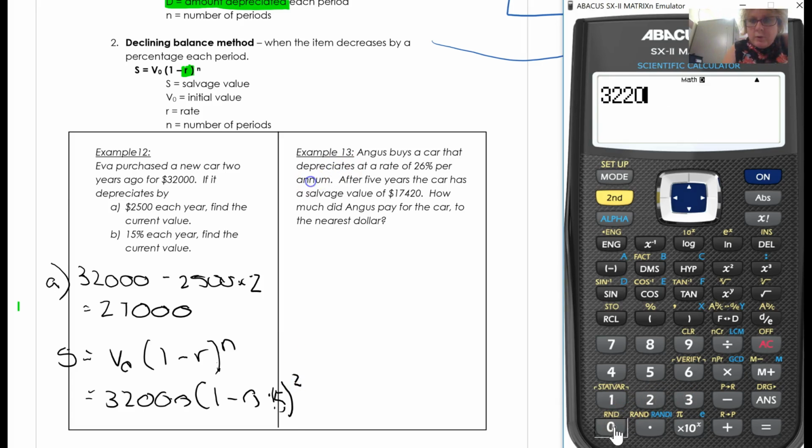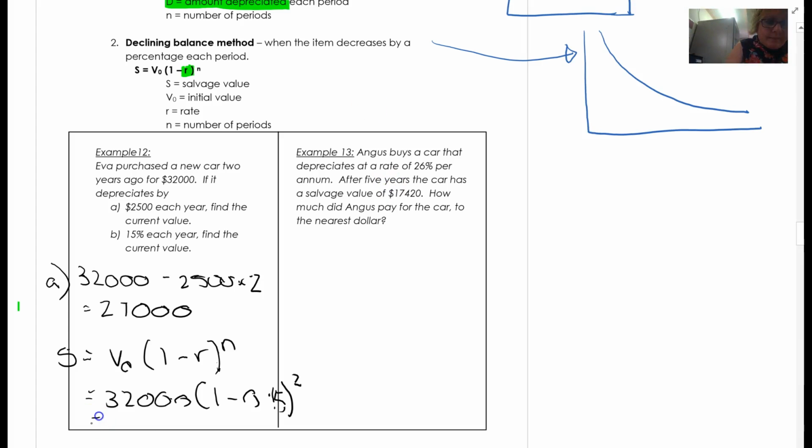I'm going to go 32,000 times 0.85, because that's 1 minus 15%. I'm left with 85%, and it's to the power of 2. It's $23,120.